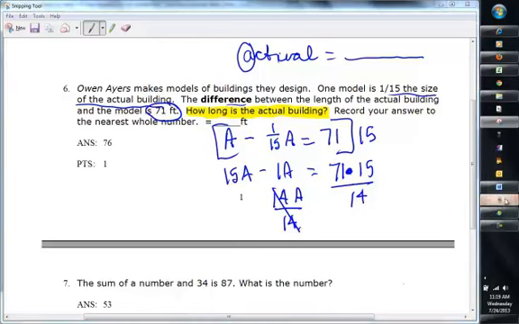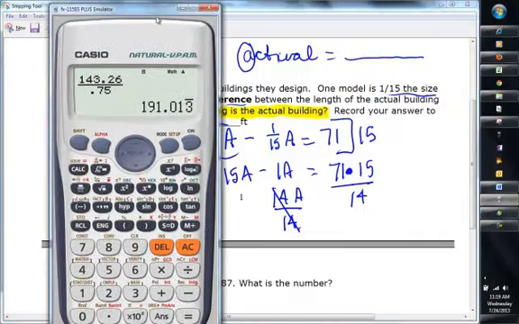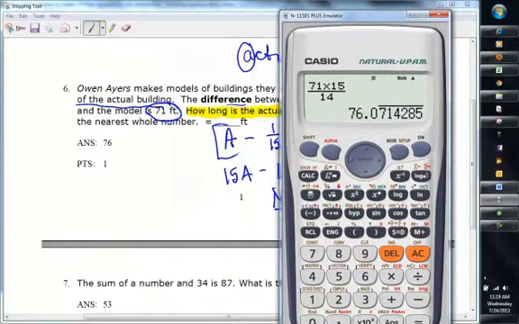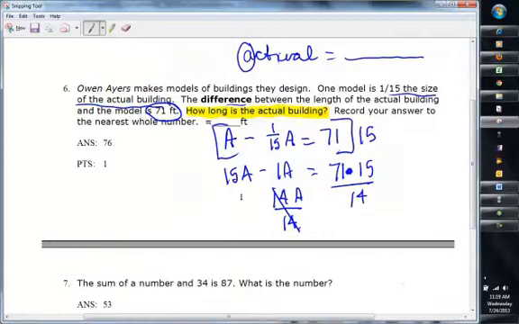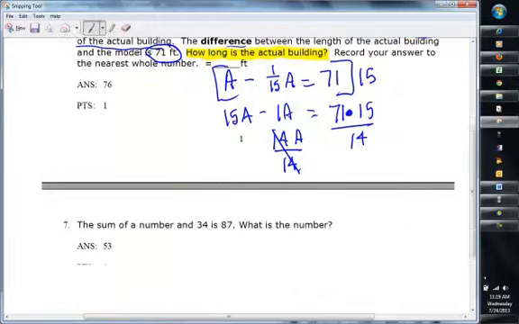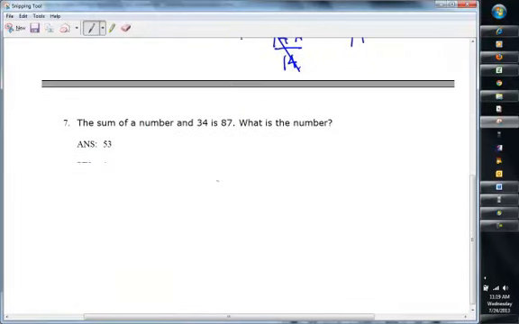So let's take our calculator. 71 times 15 over 14, and we get the actual building is 76.07 long, and it says to the nearest whole number. So that'll take care of that.